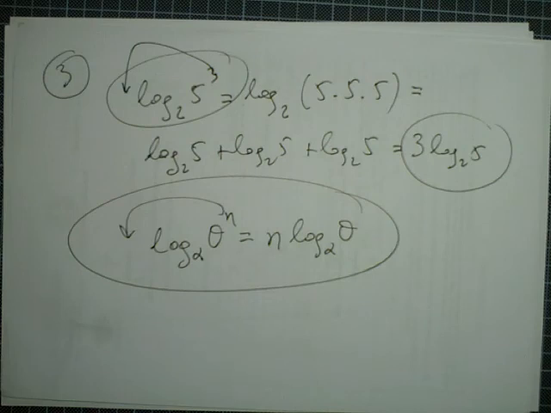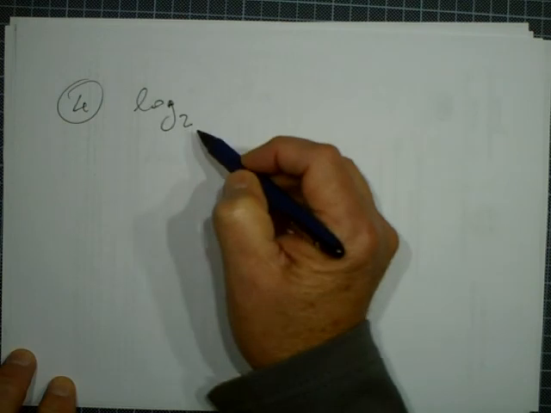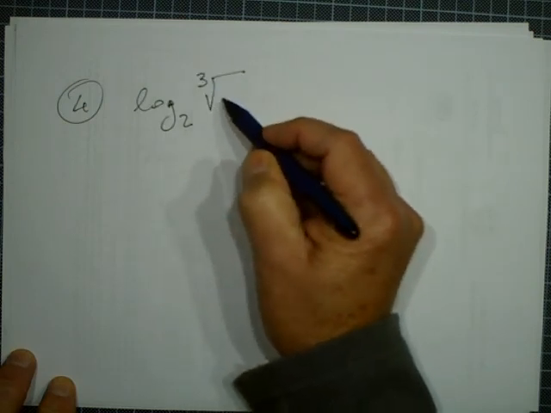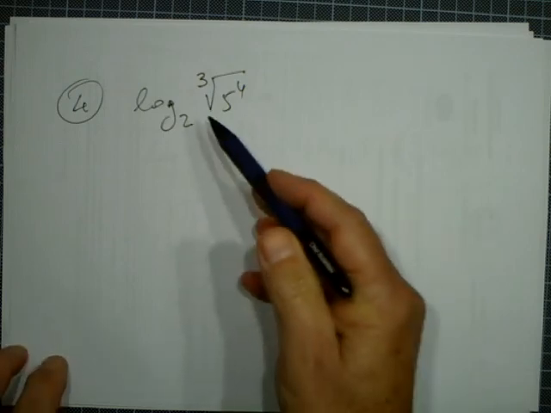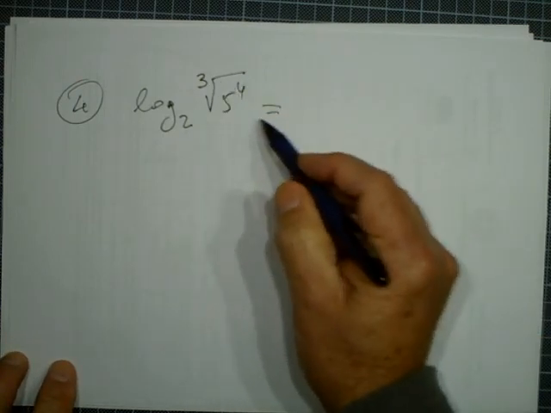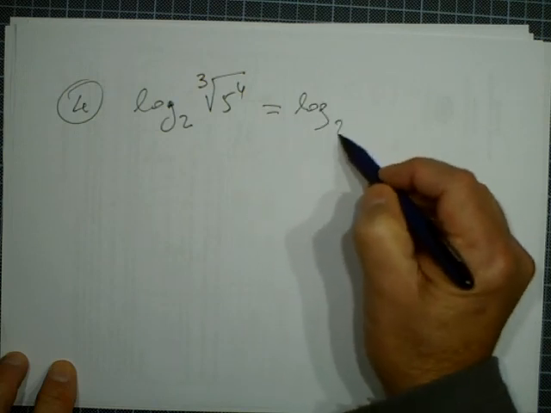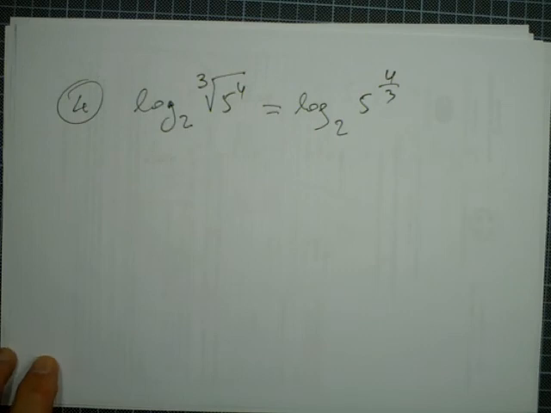And the last rule is the nth root rule. Okay, let's start with an example. Log 2 of the cubic root of 5 to the power of 4. Another way to write this root here, as we know from algebra, is 5 to the power of 4 over 3.